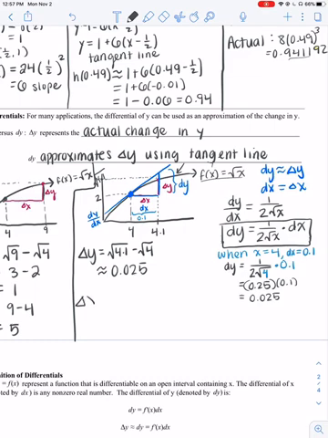And the delta x is 4.1 minus 4, which is 0.1. And remember that the delta x is the same as the dx. This is also the dx. And so the idea here is that now that we have found the approximate delta y, you can find the approximate square root of 4.1.